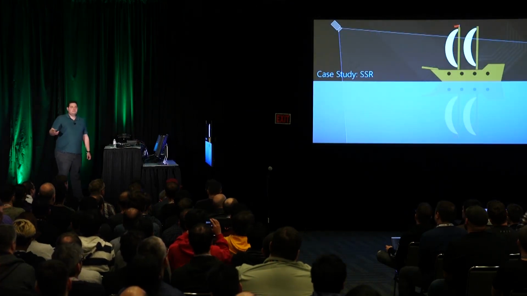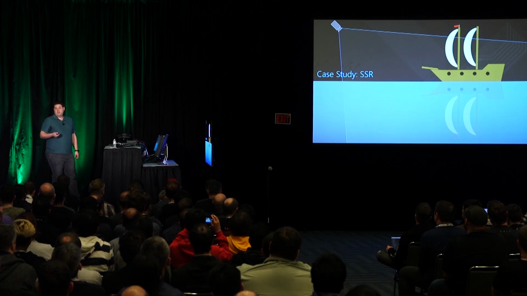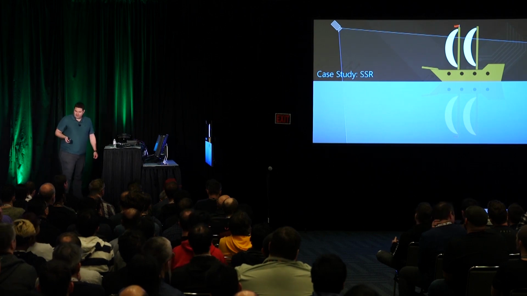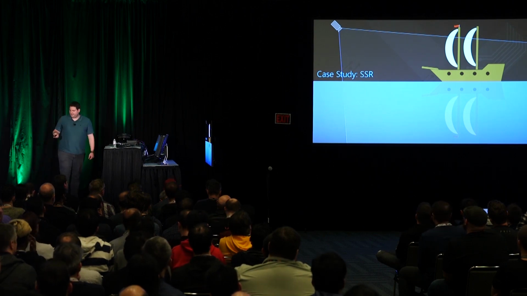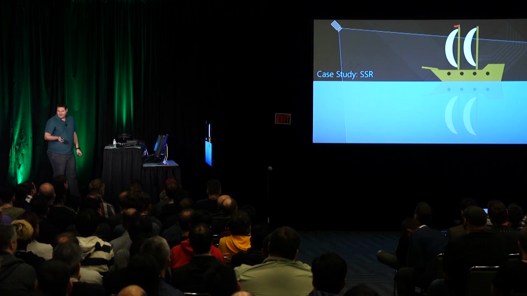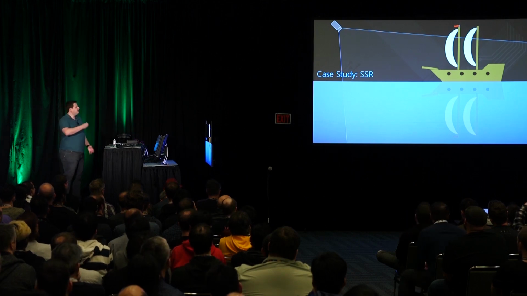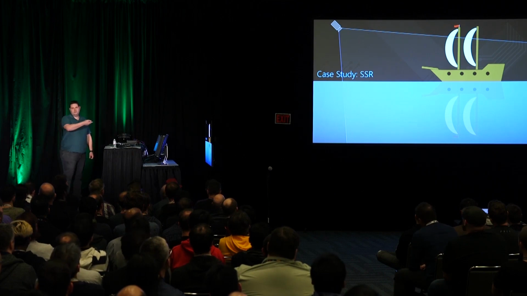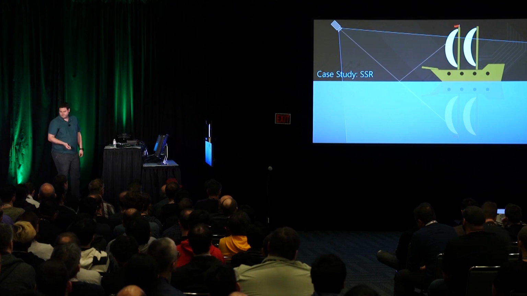Going back to some of these exceptions about where rasterization fails, let's take a technique that's very common in games today, screen space reflections. Here we have our extremely photorealistic pirate ship reflected on a glistening ocean. And we have a camera that we've flattened into 2D space in the top left here. Let's say we wanted to use screen space reflections to reflect this pirate ship in the water.